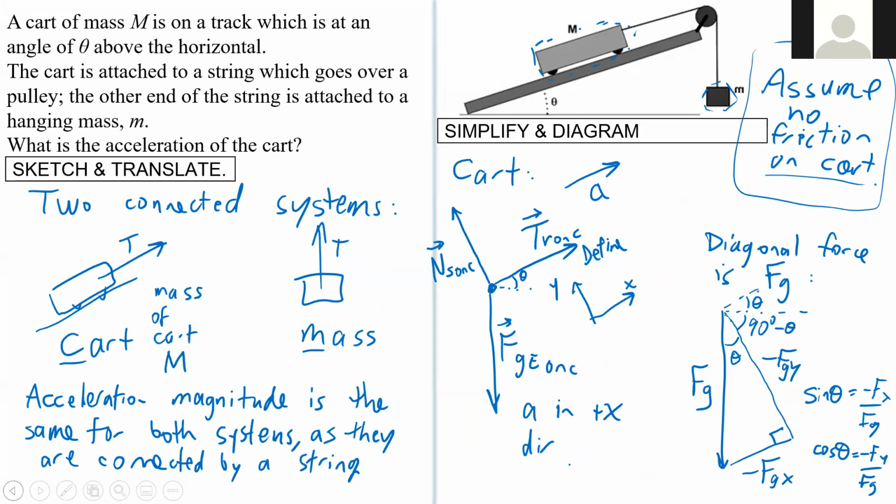Yes. So would you be able to clarify the force of gravity part of it with the angle? Yeah, sure. Okay, thank you. That's okay.